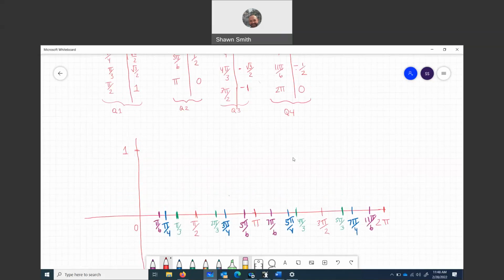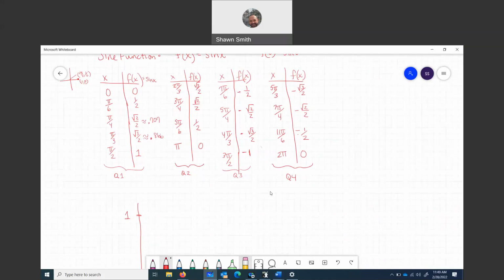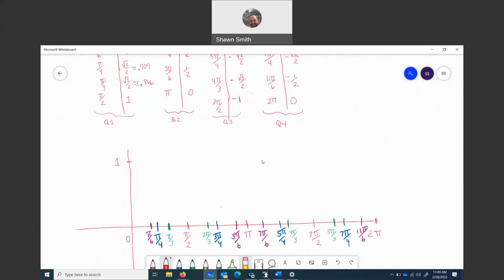Well, you might not say, I know exactly what a square root of 2 over 2 looks like. Use your calculator, I can tell you that square root of 2 over 2 is about 0.707. Square root of 3 over 2, you should recognize that as about 0.866. So now all we do is plot these ordered pairs and connect the dots. 0 is 0, 0, right?